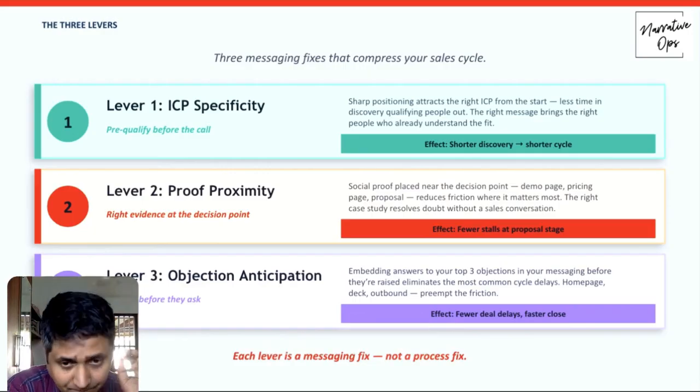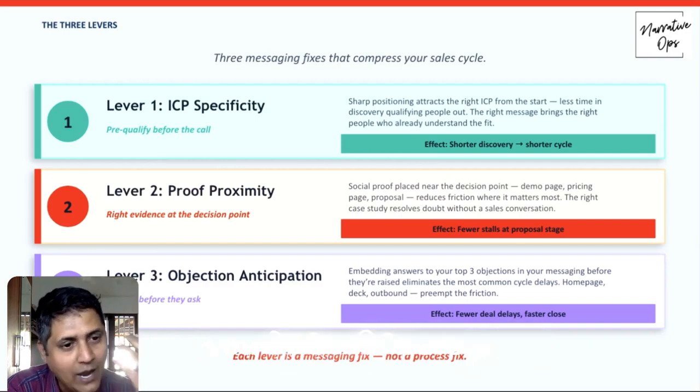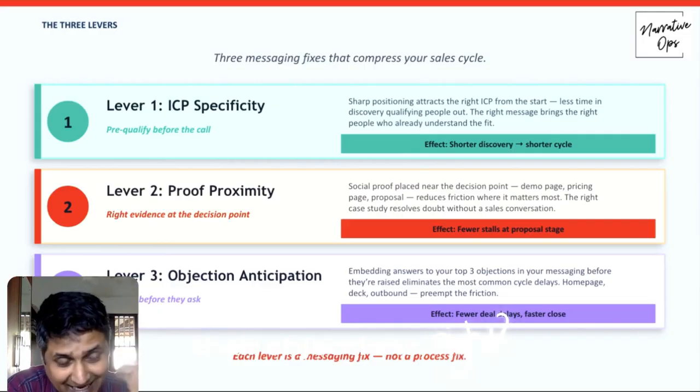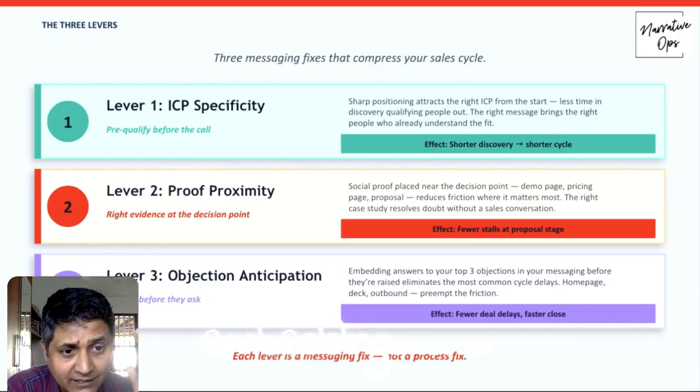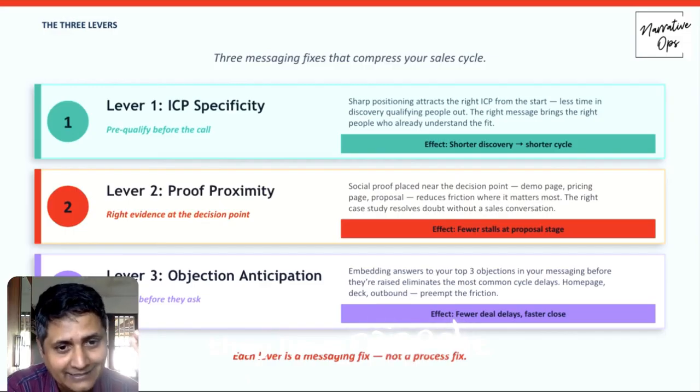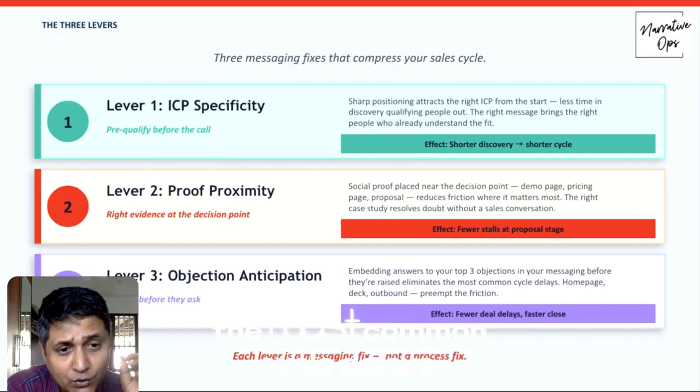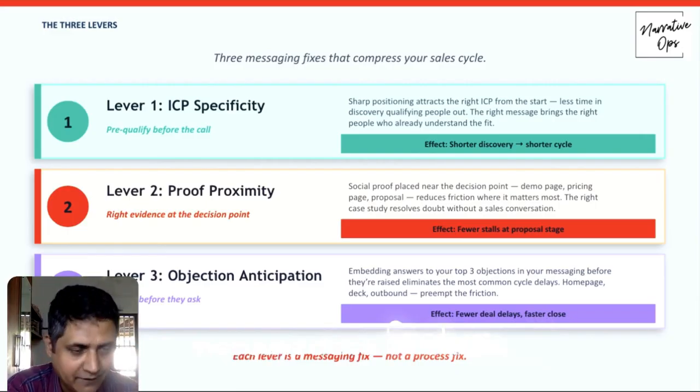Level 3, objection anticipation. That means you anticipate and answer your prospect's objections before they even ask. How you can do that is by embedding answers to their top 3 objections in your messaging before they have raised them, because that eliminates the most common cycle delays. Homepage, deck, outbound: preempt the friction.